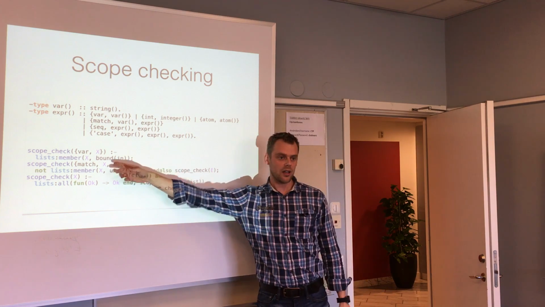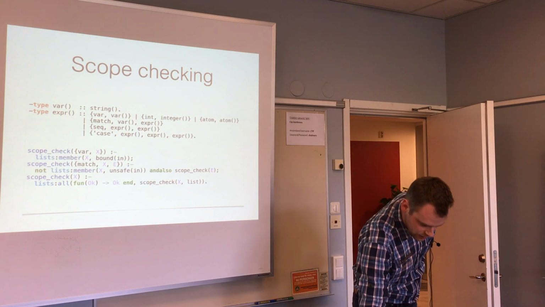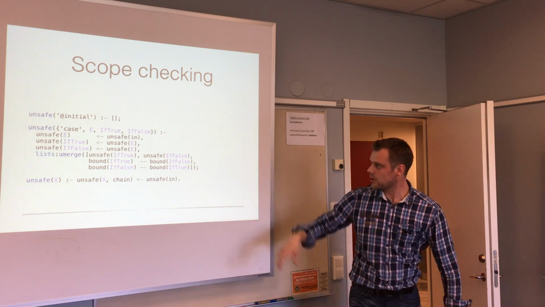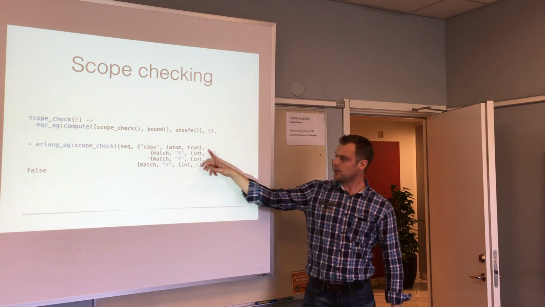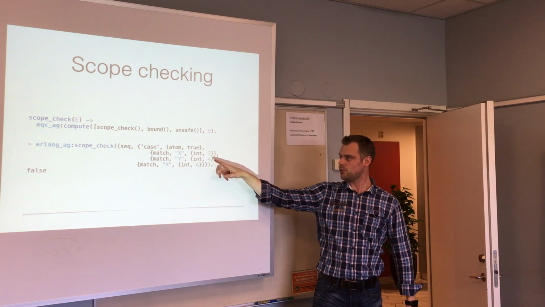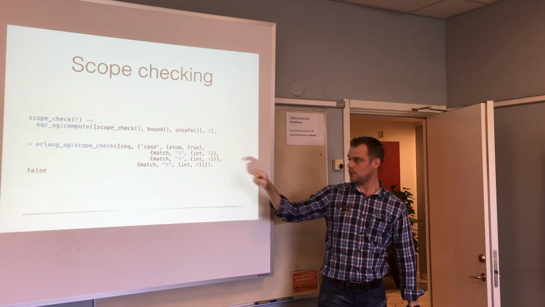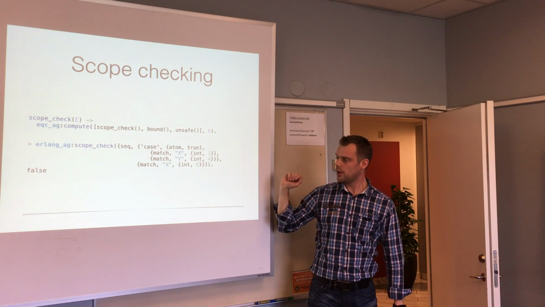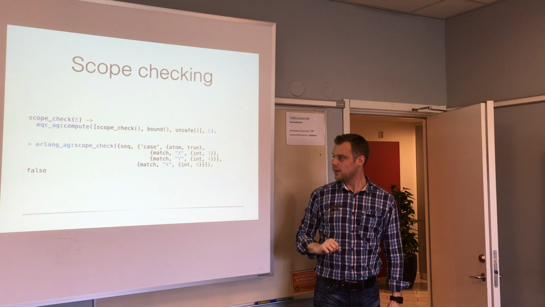If we have a case and we have a match, so in the true case we say x becomes 3, in the false case we say y becomes 4, and later on we're going to say x becomes 6.